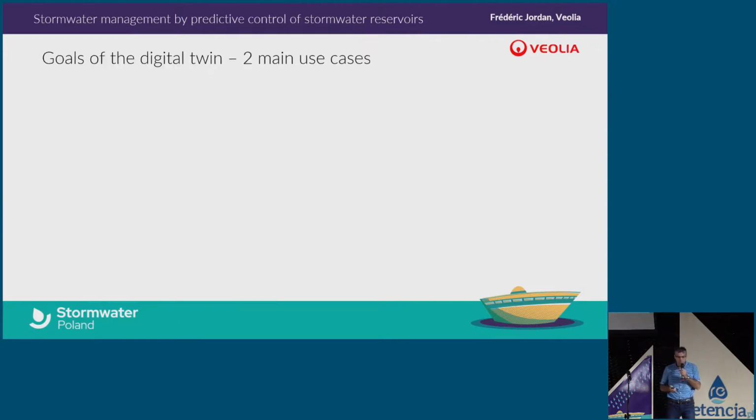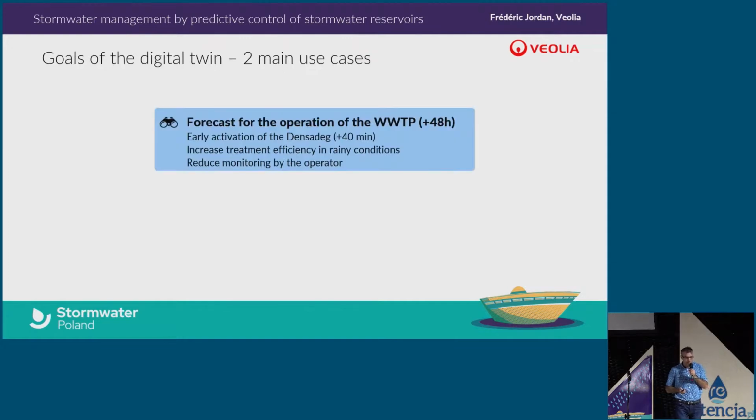So our 2 problems in that case. The first case is to try to operate optimally the wastewater treatment plant. This means we have to be able to engage, to activate the rain process of the treatment plant in advance, so before the water is effectively flowing into the system.